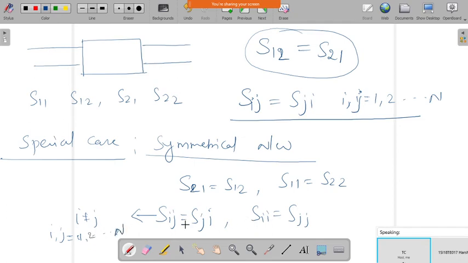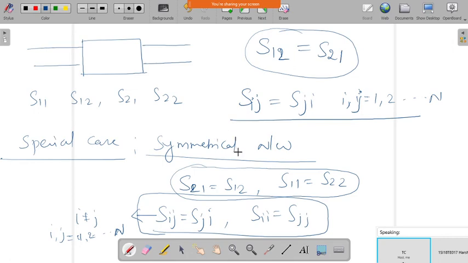These are the two conditions for a symmetrical network. So for a two port network, if the network is said to be symmetrical, this condition should be satisfied. This is a special case of the reciprocal network.